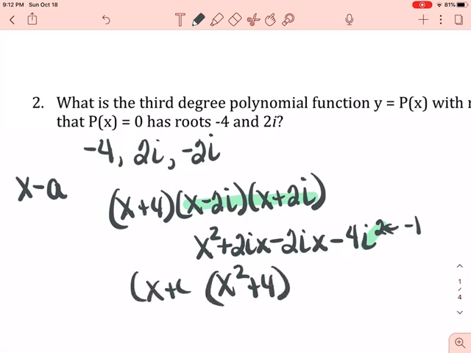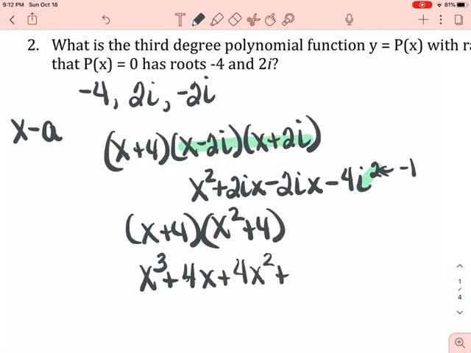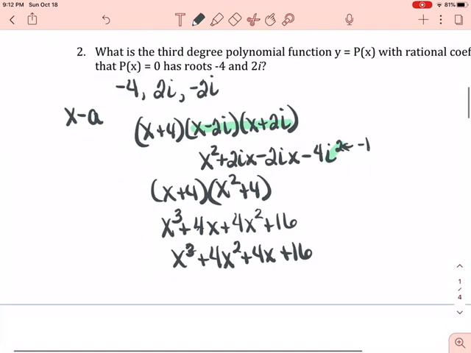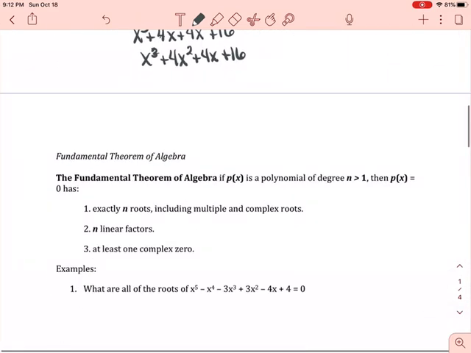And we're going to multiply that answer by x plus 4. Okay, and put it in order so it's all nice and neat here. And there's your polynomial of degree 3 that has integer coefficients and has roots of negative 4, 2i, and negative 2i.